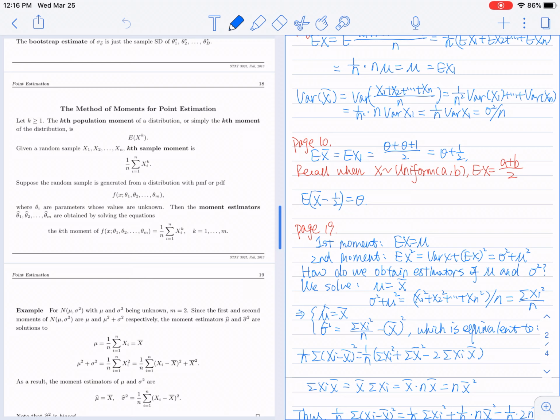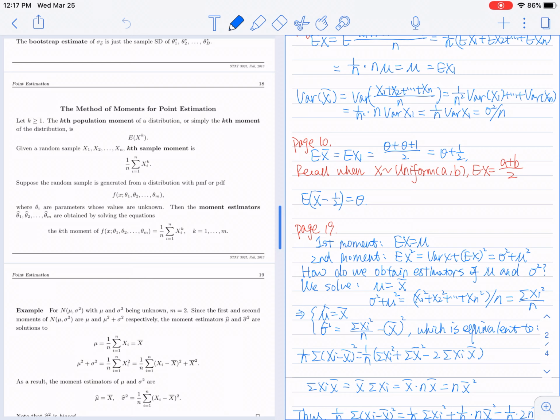The kth population moment of a distribution is the expected value of the random variable to the k. And the kth sample moment is the average of the xi to the k, where x1, x2, ..., xn are the sample points.